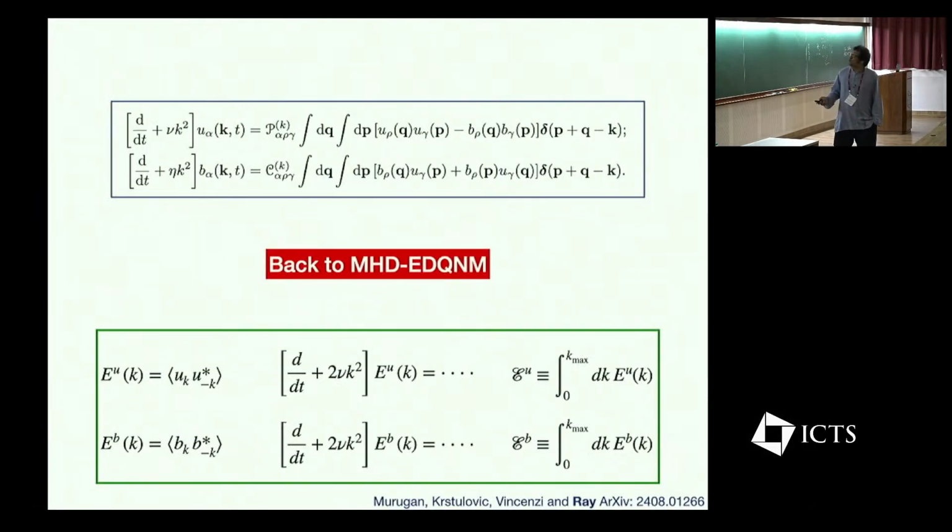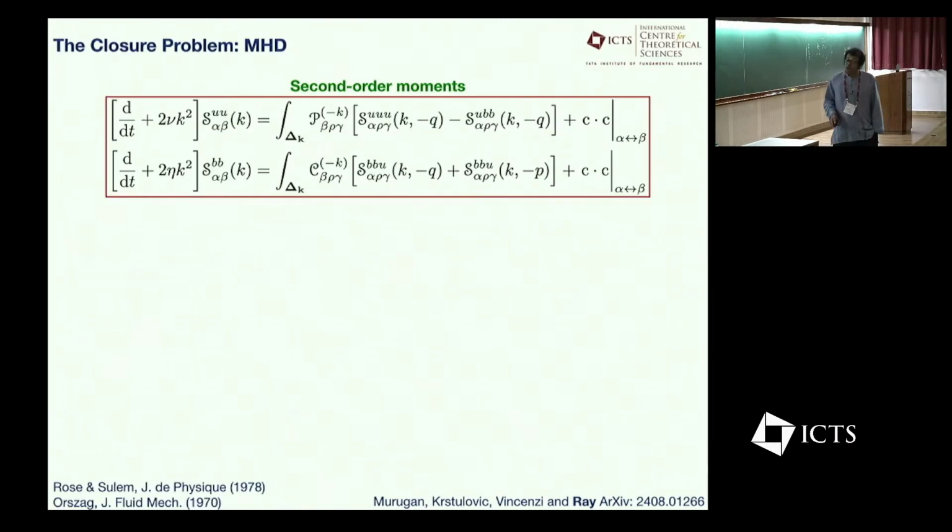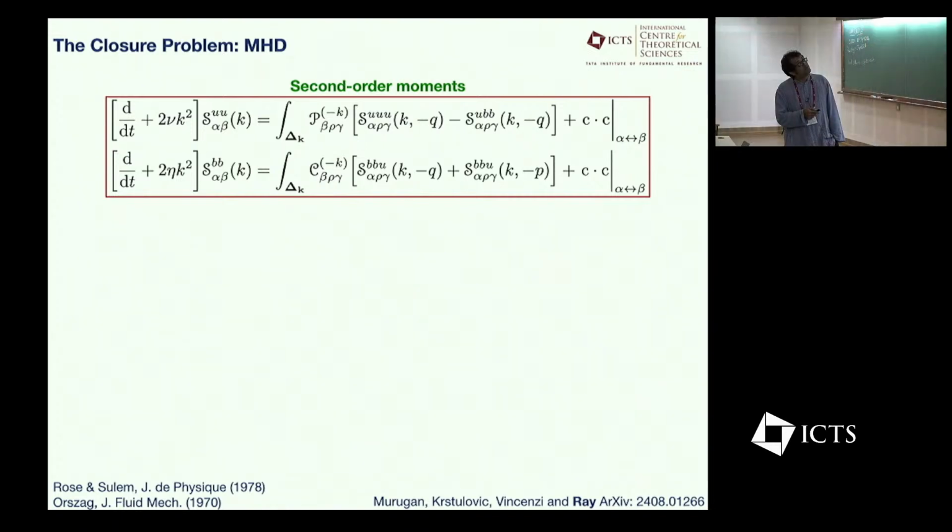All right, so back to MHD, this is what we need to solve. You can write down, for example, from the spectral equations, the equations for the second order correlators, and I won't go through the hierarchy, but you immediately see that the second order evolution depends on third order.